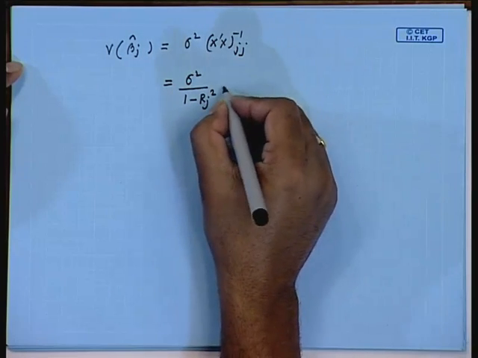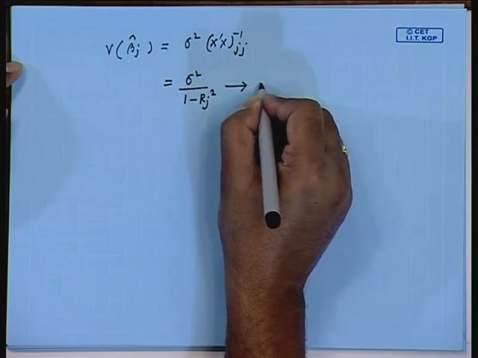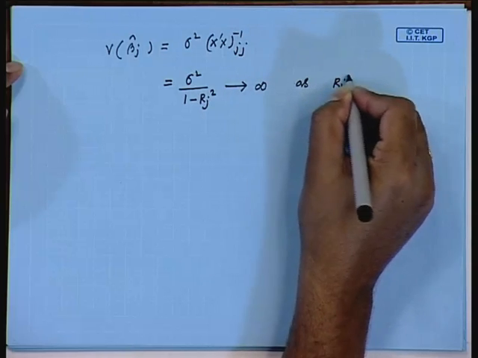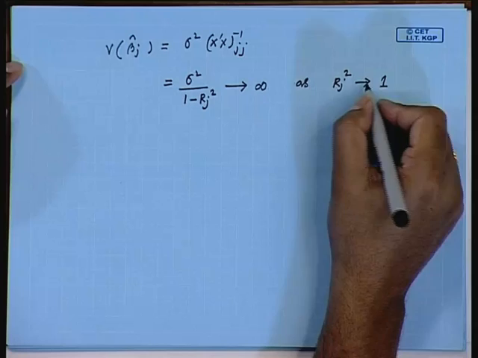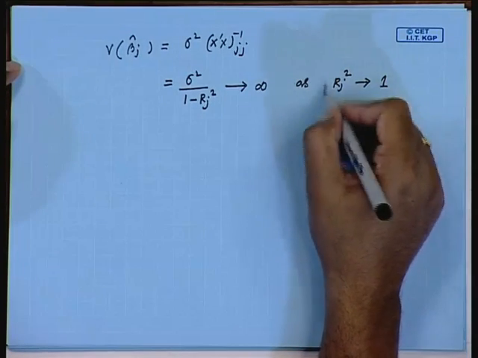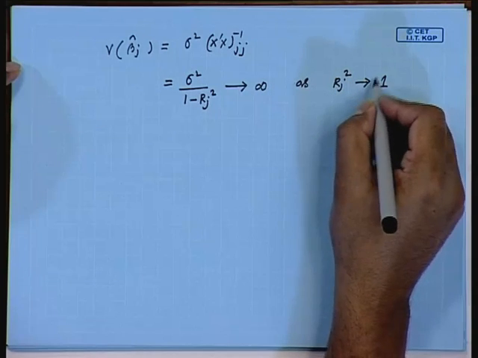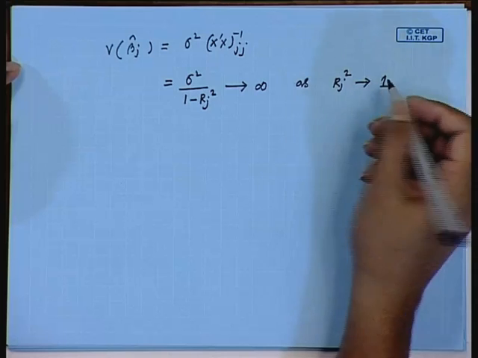So this tends to infinity as Rj square tends to 1. Most of the time we write this in terms of percentage. So Rj square is 100% means that Rj square tends to 1.